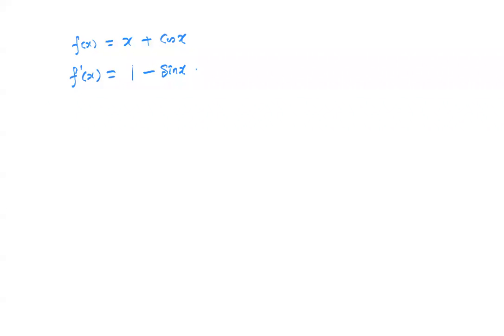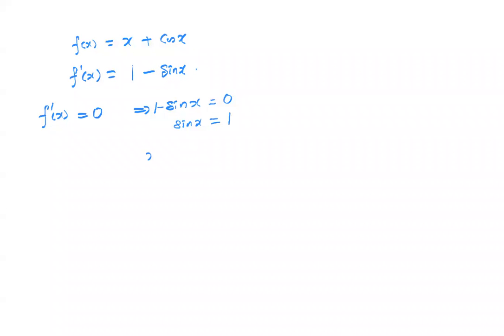So f prime x equal to 0 implies 1 minus sin x equal to 0. Let me write step by step first, don't jump steps. So sin x equal to 1.